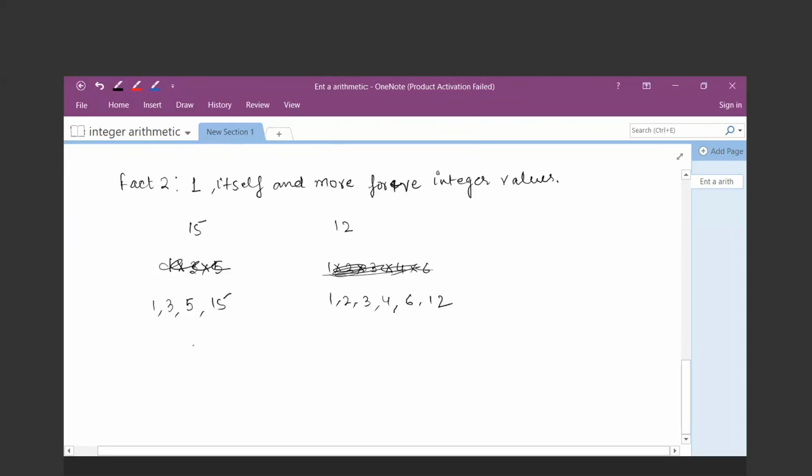So there is a term that you already know, that is the common divisor. The common divisor is the value that has the ability to divide both of the integers. Like which value divides both of the integers 15 and 12, means the common divisors. So the common divisors are 1 and 3. So in continuation of the same concept, what is the greatest common divisor?